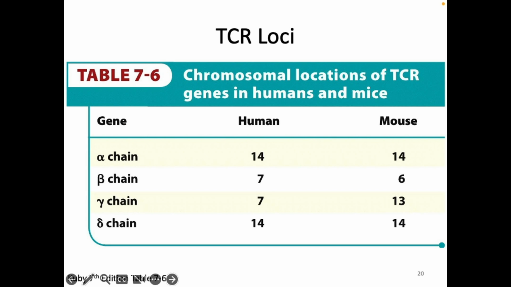There's something unique about some of these gene segments or some of these loci. What do you notice that is true in both human and mouse with these loci? Yeah, Shelby. What do you mean by the light chains are in the same spot?